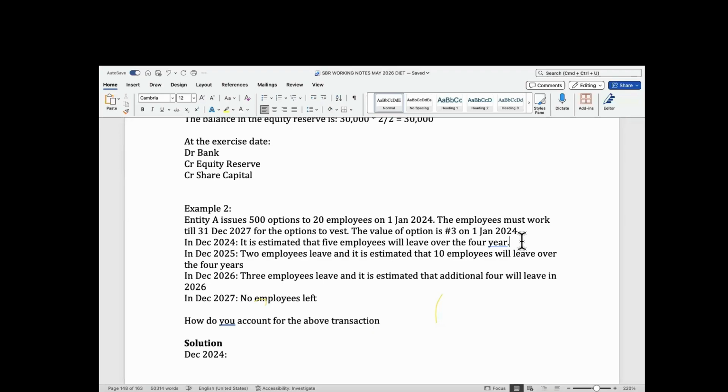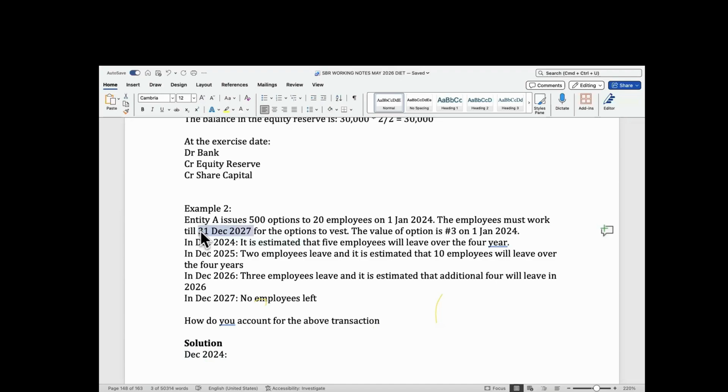So since the examiner told me that they are estimating that 5 employees will leave, and they have to estimate because I need to know. Yes, I mean this is 2024, but I need to know how many of these 20 employees will actually vest.